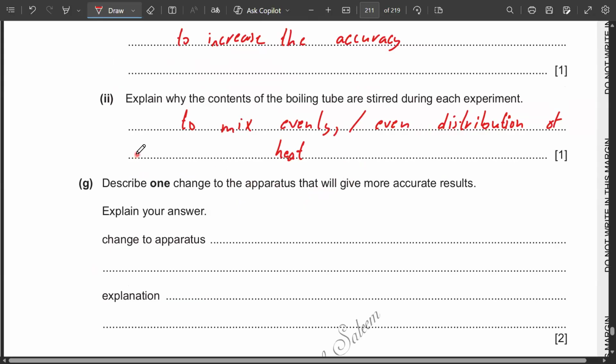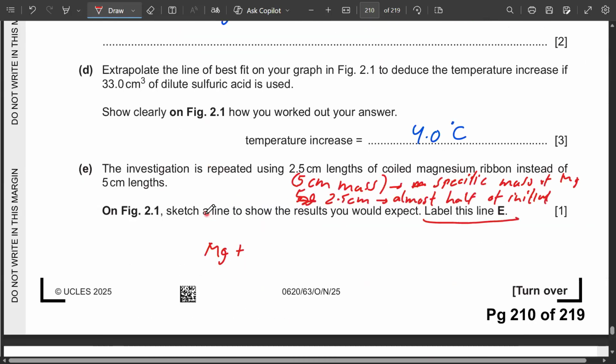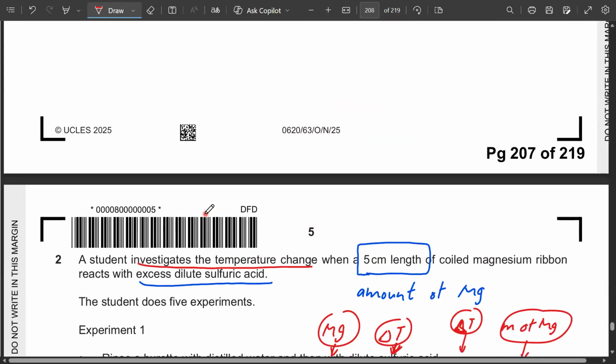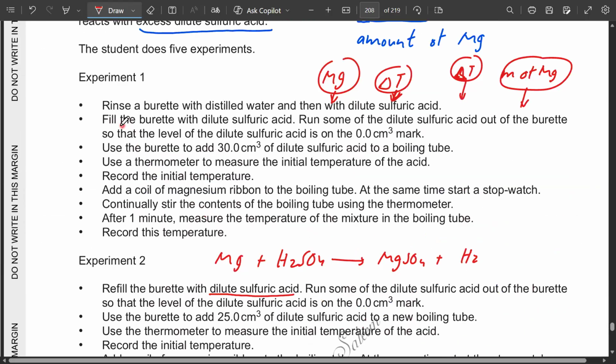The G part: describe one change to the apparatus that will give more accurate results. Explain your answer. So if we go back to the procedure of the experiment, we saw that the burette was being used to add acid into the boiling tube, and then the thermometer was also dipped into the boiling tube along with noting the temperature, and a coil of the magnesium ribbon was also added into the boiling tube.